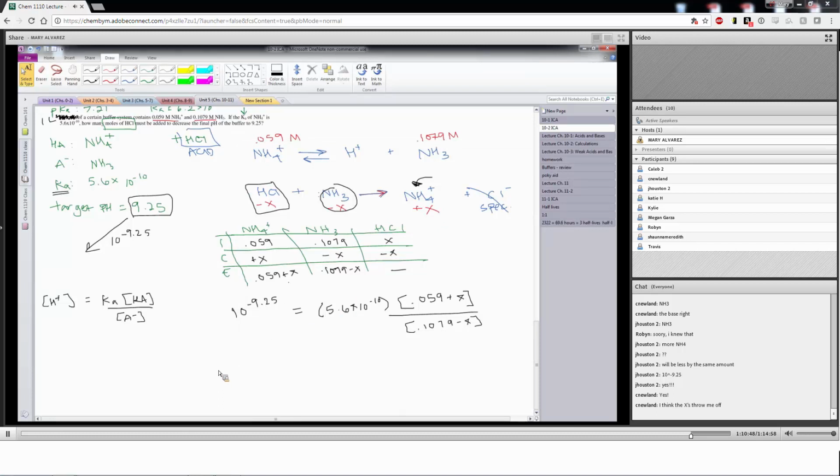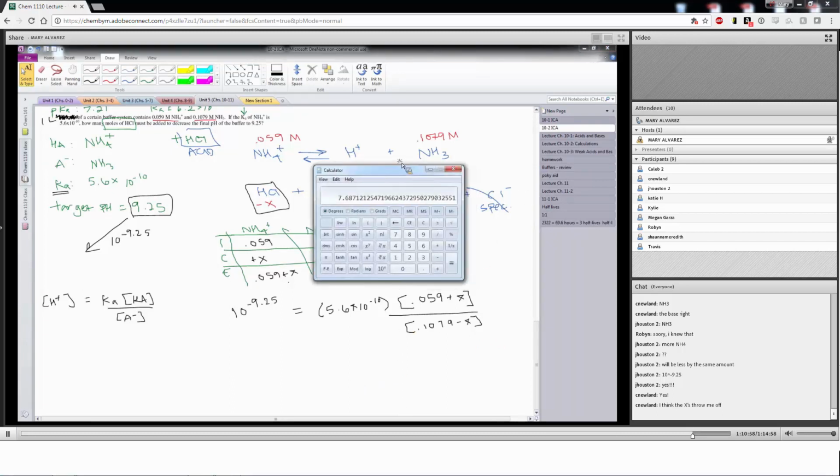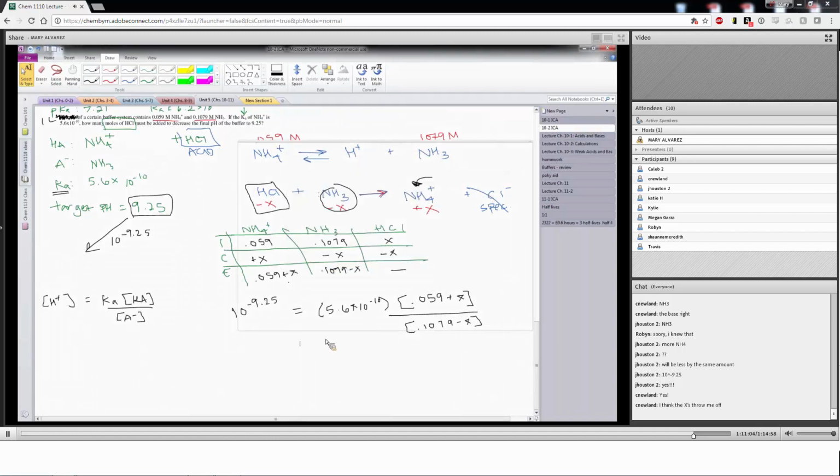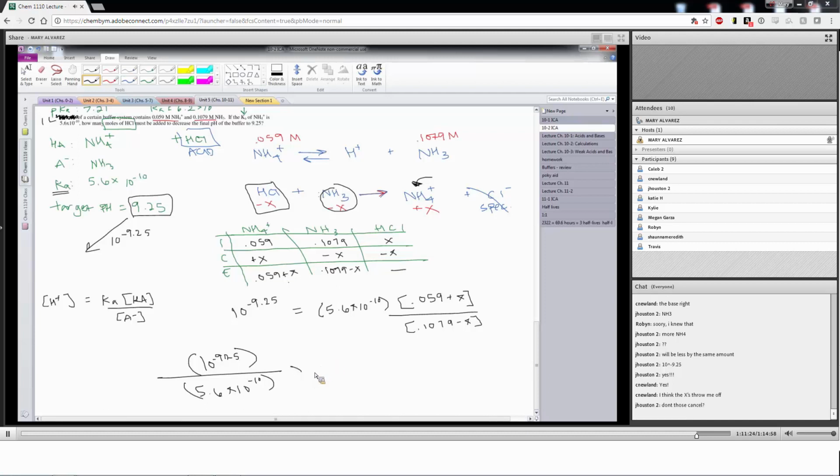Okay, so let's solve here. So we're going to have 10 to the negative 9.25, this is just algebra, divided by 5.6 times 10 to the negative 10th, multiplied by, well, let's get to that point.